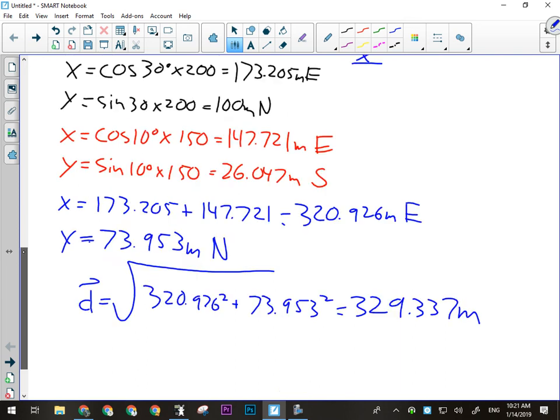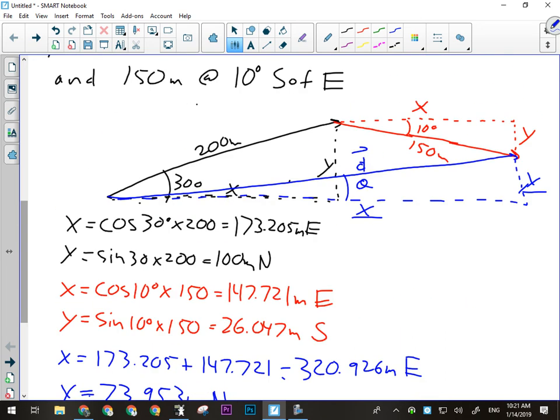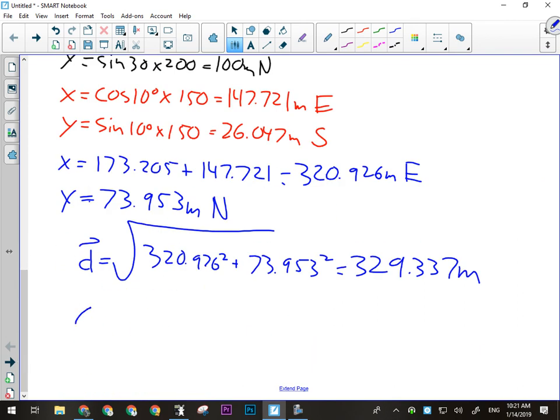And then I also need to calculate my vector. To do that, I'm going to use y as the opposite side and x as the adjacent side. So theta will be tan to the minus 1 of 73.953 divided by 320.976.